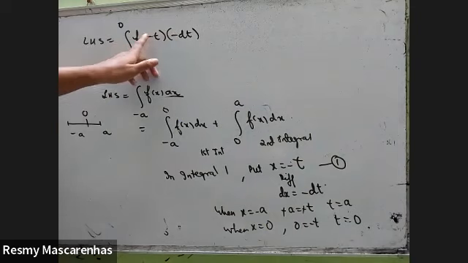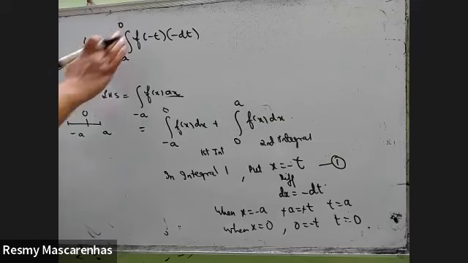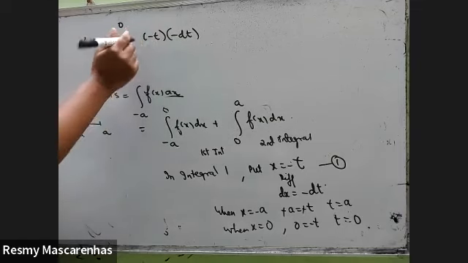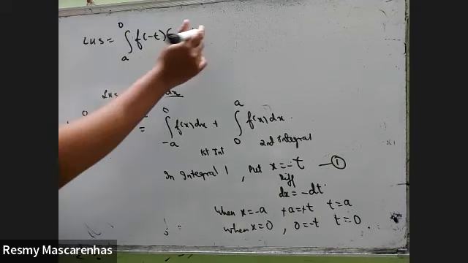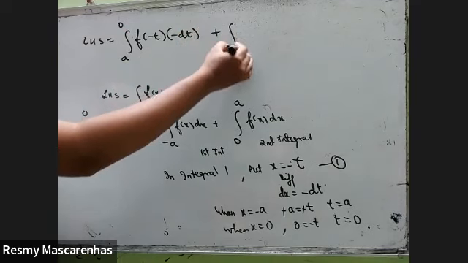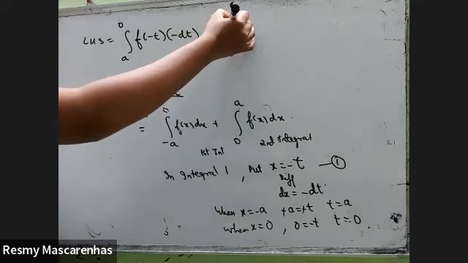Now this minus inside, you cannot multiply with the outer minus. This is inside a function, so we don't know what kind of function it is. If it was simple minus t, you could multiply, but for f of minus t, you don't multiply them with each other. Write this as it is.